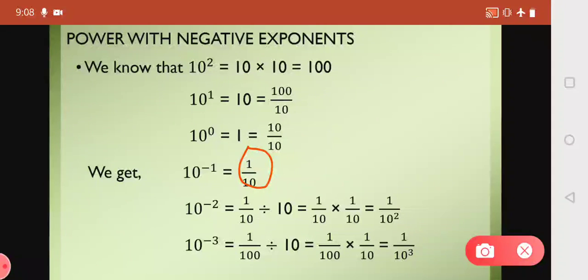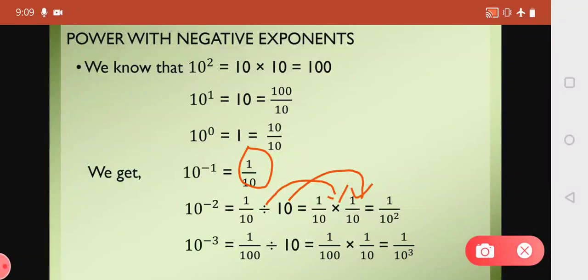Again this 10 we convert to 1 upon 10. The division converts to multiplication, and we use the reciprocal of 10, that is 1 upon 10. So we write 1 upon 10 multiplied by 1 upon 10, which equals 1 upon 100, that is equal to 1 upon 10 squared.